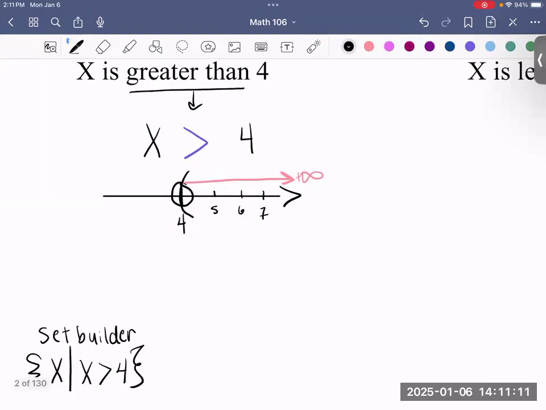When it comes to your interval, we're going to start with your parenthesis at 4, and then go all the way up until we get to positive infinity. We always read left to right on your number line.